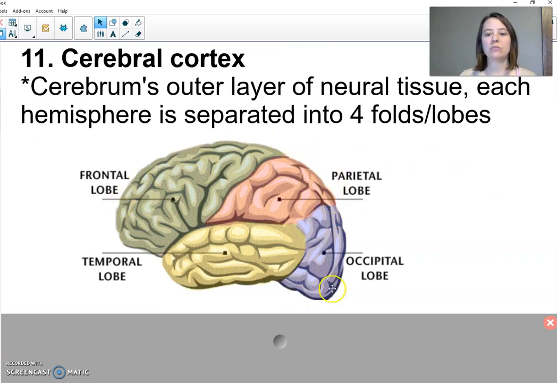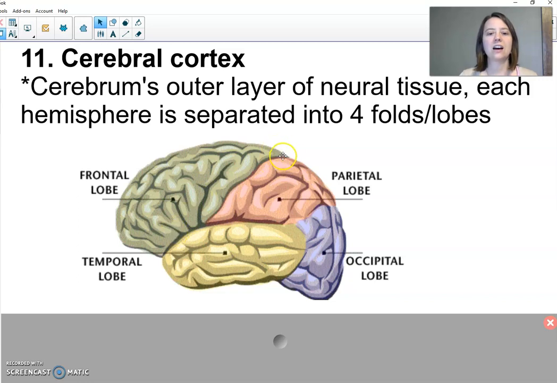It doesn't have to be beautiful, but draw the outline of the cerebrum, and then there are 4 folds or lobes of the cerebral cortex, or just that outside of the cerebrum. So the front one is called the frontal lobe, and it takes up most of the front.